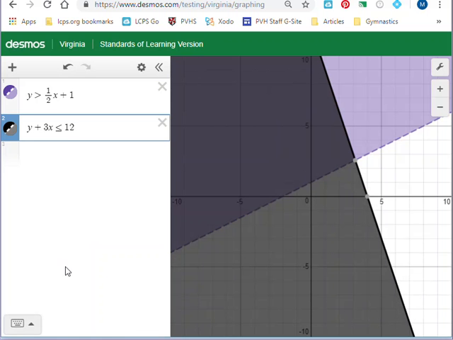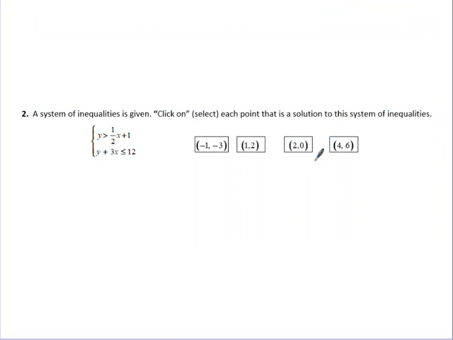As I mentioned before, our solutions are going to be in the double shaded area. So this portion of the graph that is both purple and black is going to be our solution. We are trying to see which of these 4 points is a solution. So let's go ahead and graph those points.